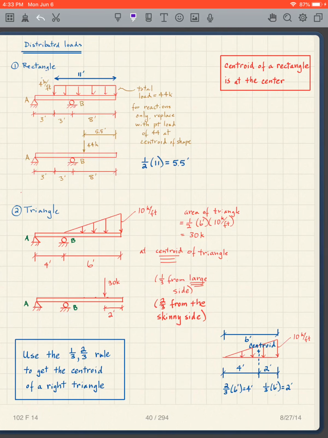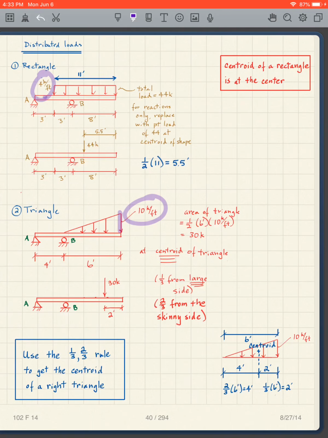So how do we handle a triangular distributed load? In other words, it looks like this. This is a rectangle. Well, what does this mean, by the way? I label this 10 kips per foot.